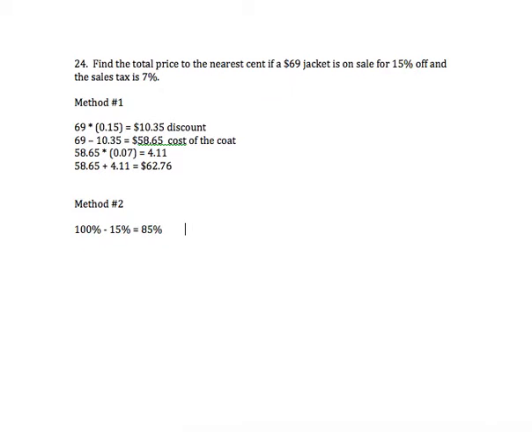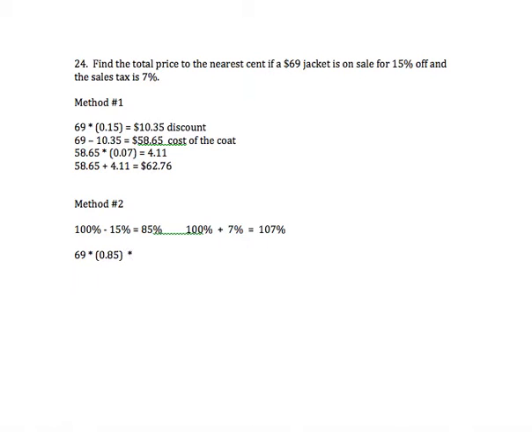So we could calculate that as 100% plus our sales tax of 7%. So that's where we get 107%. When we go to do our calculations, we would take the cost of the coat, $69, times 85% as a decimal, so 0.85.